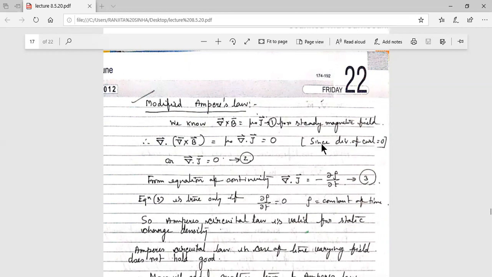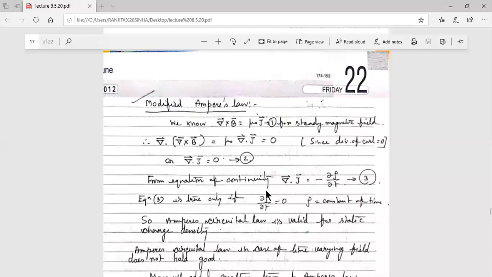That is, rho is constant with time, not varying with time. So Ampere's circuital law is valid for static charge density.